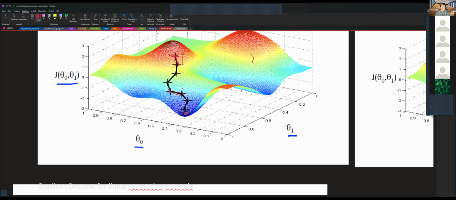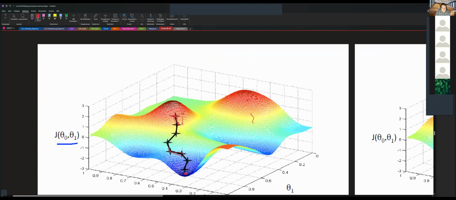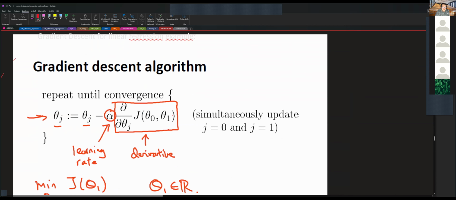We keep changing the parameters in the direction of the cost function, depending on where I am on it. We have this starting point, this is my parameter where I start, my form when I go into the gym. Depending on where I am, we drive down the cost function. And this is basically it.